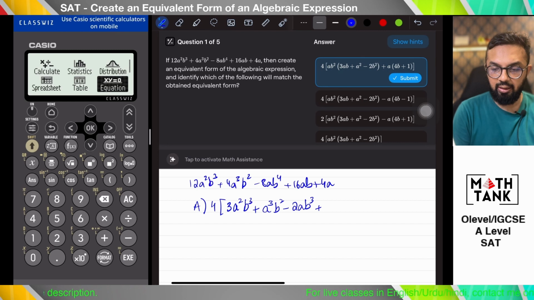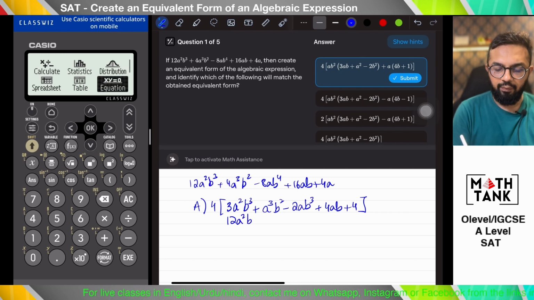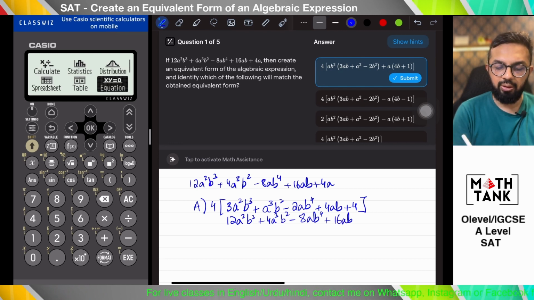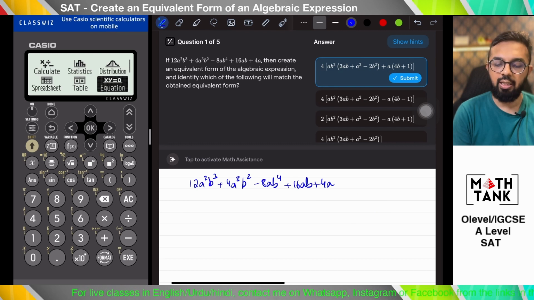And what do I get? I get 4ab from here and plus 4. So when I multiply all of these out, there's this fear that I'm sometimes going to mess up the powers. So I have to be careful. Now you see I've messed up the power here, power 4. That was easy to spot, so that didn't create a problem. What I could instead do, I know that A is the right answer option.